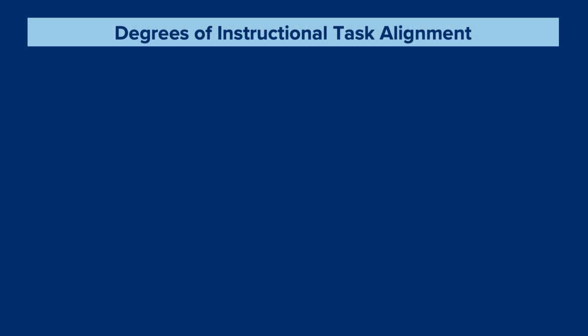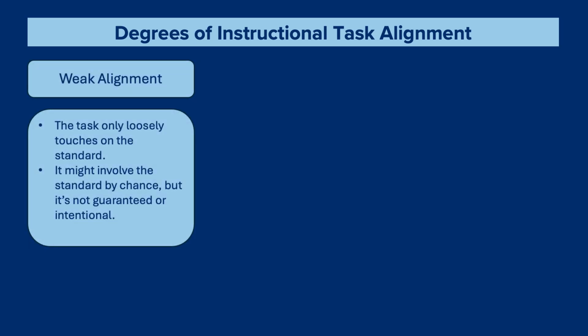And I want to share these classifications with you because I think they will help us to understand whether that instructional task is really aligned with that standard. So when we think about degrees of instructional task alignment with curriculum standards that might be articulated in a unit description of a school's school-wide curriculum plan, we might start with the concept of weak alignment.